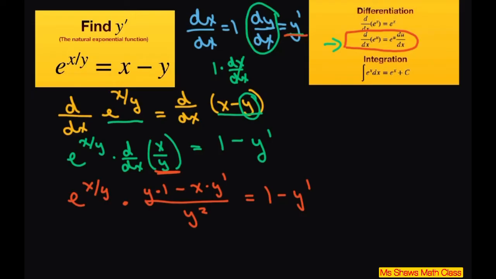Now next, I'm going to break this up and put this y squared under each piece. I'm also going to distribute this to each piece because I'm going to have to solve for y prime.